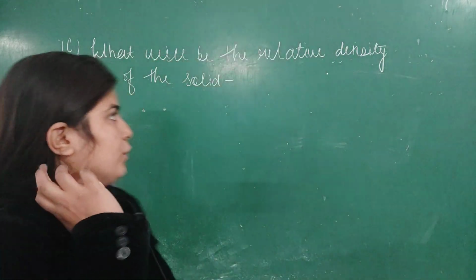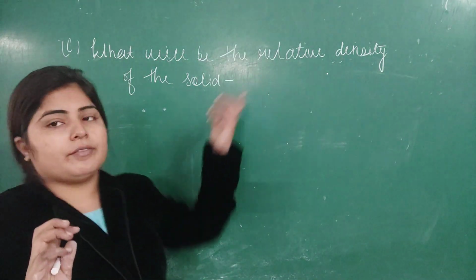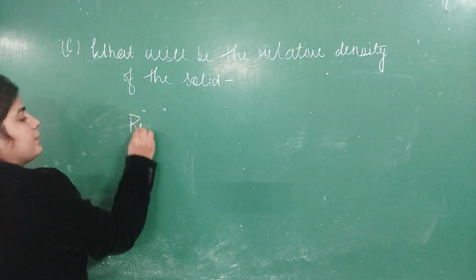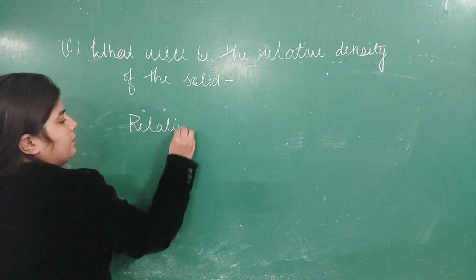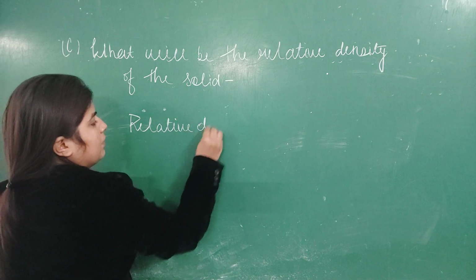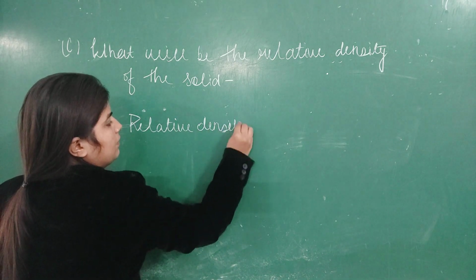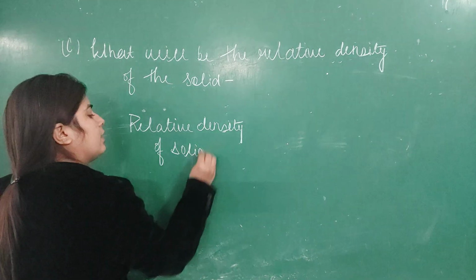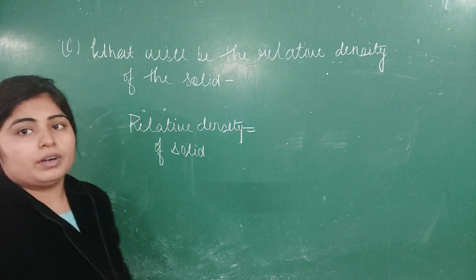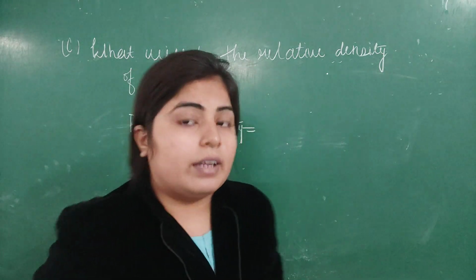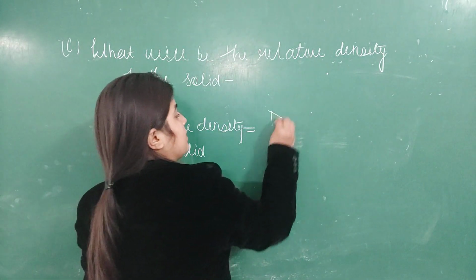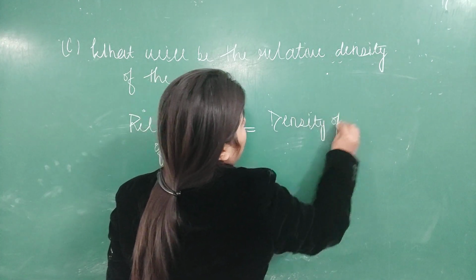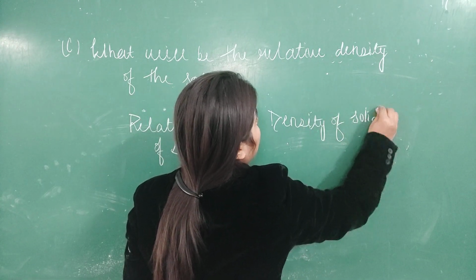In the third part of the question we have to calculate the relative density of the solid. So what is the formula for calculating the relative density of the substance? Relative density of the solid is equal to the density of the substance, here the density of the solid, upon the density of water.